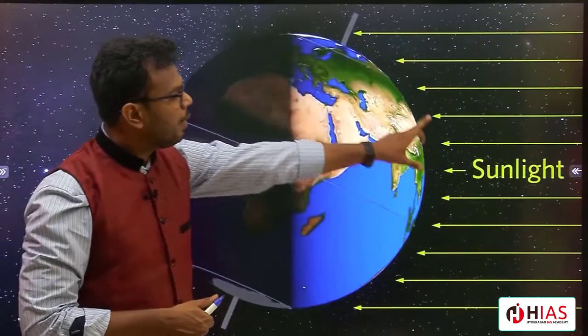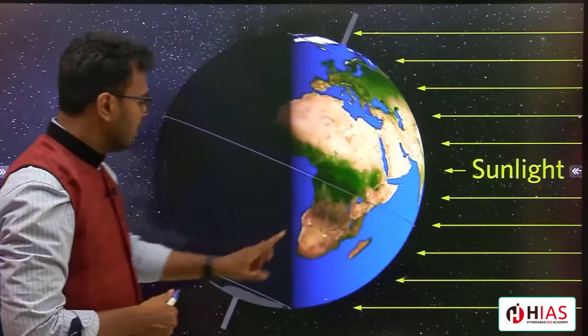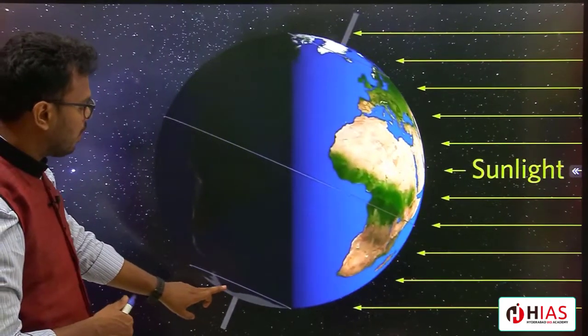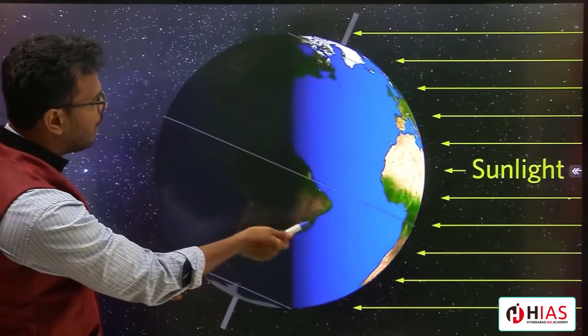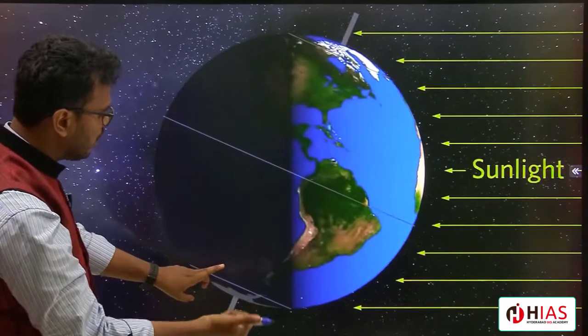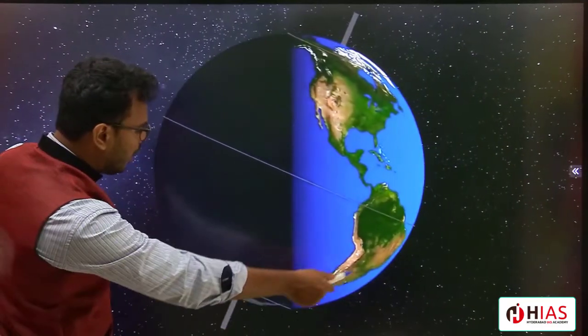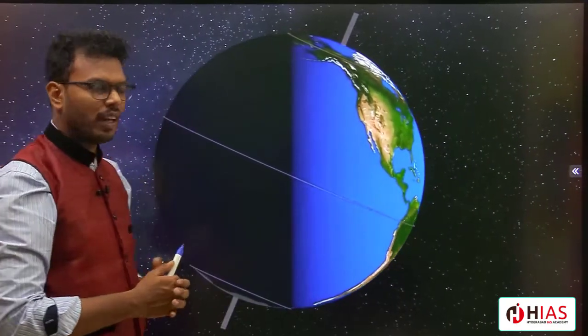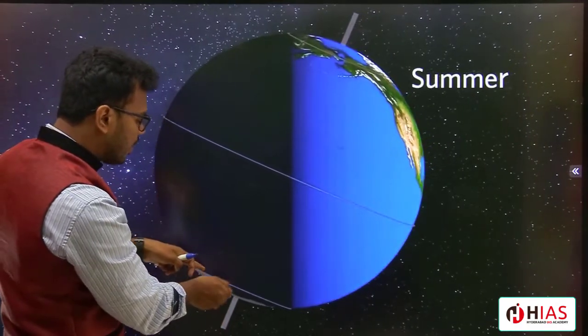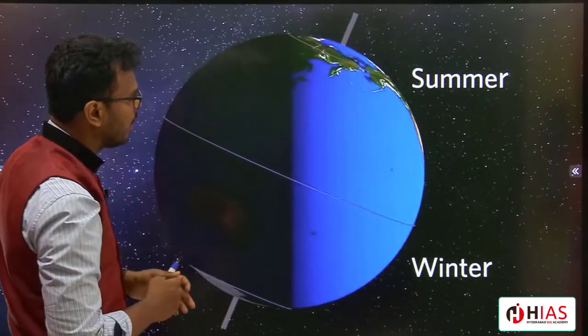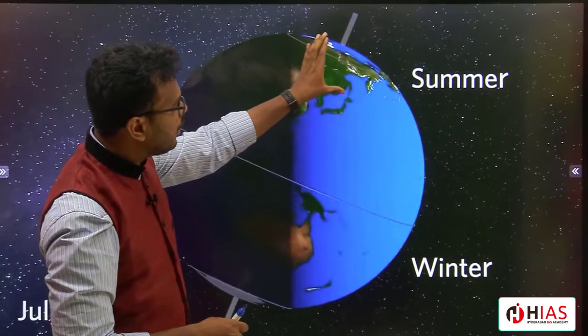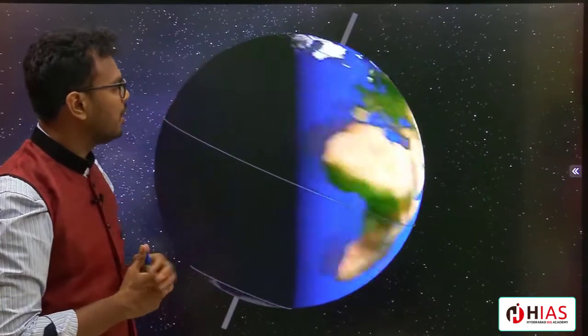North Pole is completely under the influence of the sunlight. South Pole is completely away from the sunlight. Even though earth is completely rotating 24 hours, in spite of that also sunlight is not able to fall over here. Getting my point? So that is why this South Pole will be completely in the darkness and North Pole will be completely in the sunlight. So that is at the time of summer.